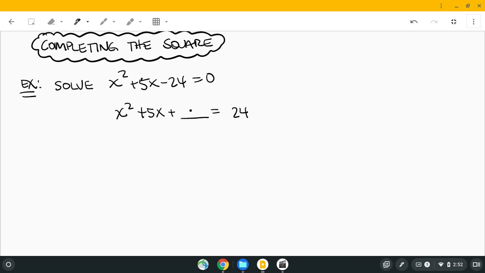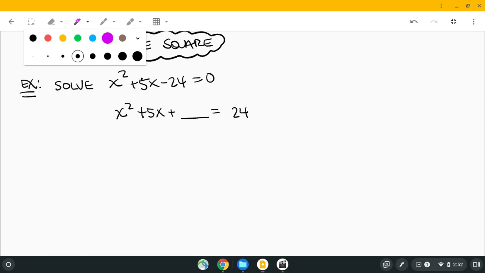The way you find this number is by taking half of this number. So you're going to take half of 5. I like to leave it as a fraction. Then you're going to square it. That's how you get your perfect square.